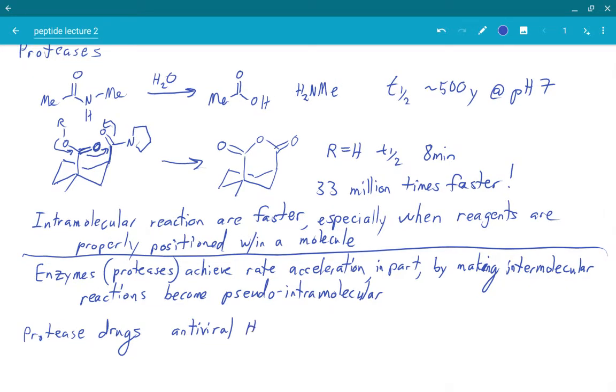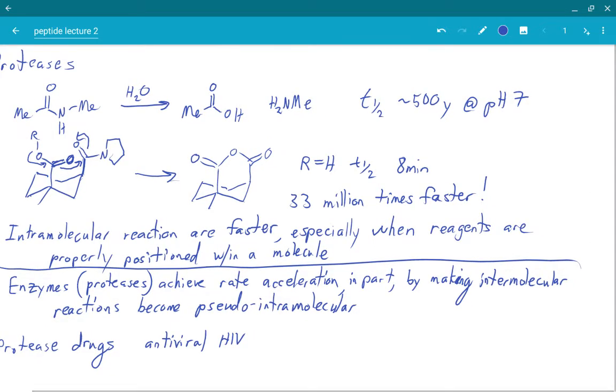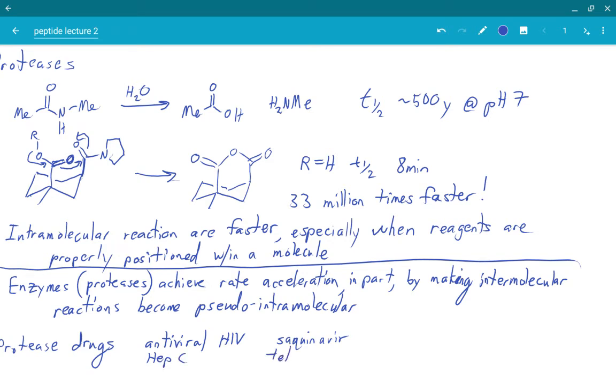So there are antiviral systems, the HIV drug saquinavir, is a protease inhibitor. For hepatitis C, one of the important drugs is called telaprevir.